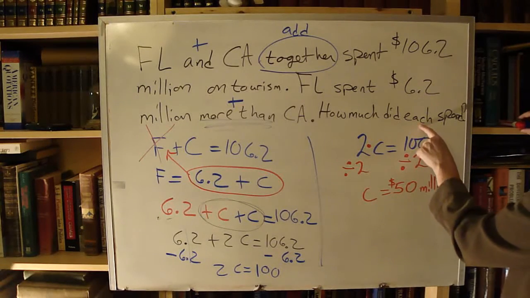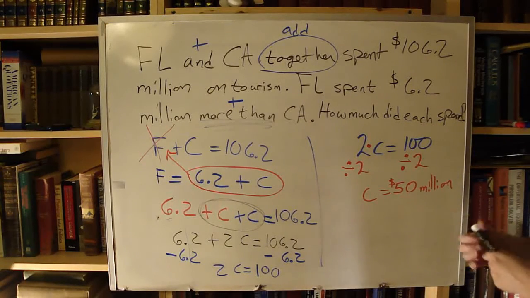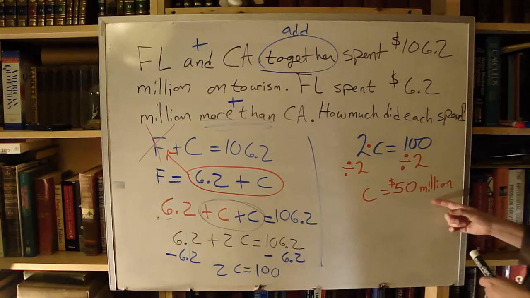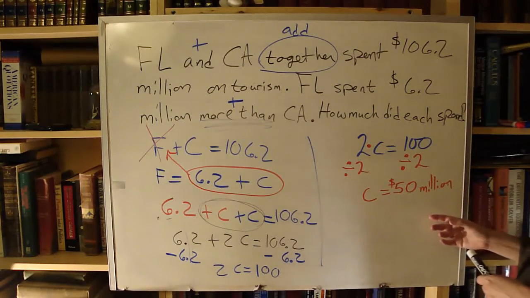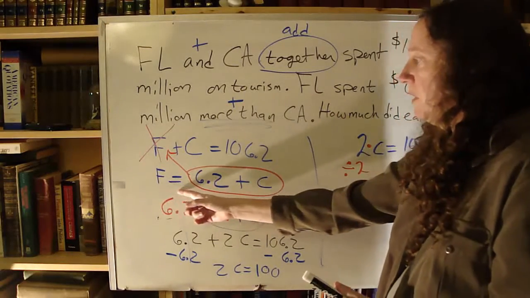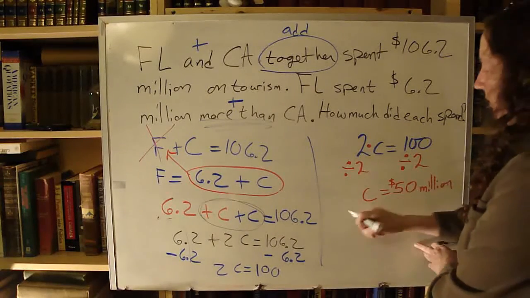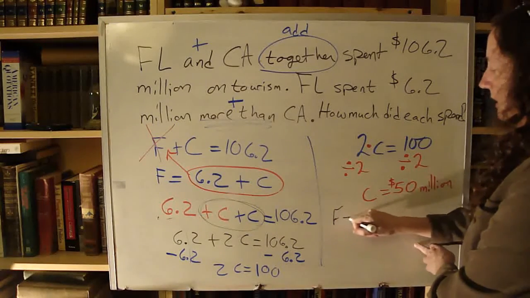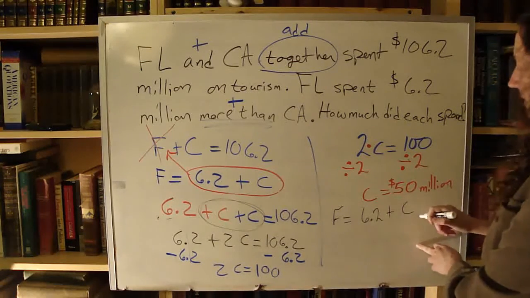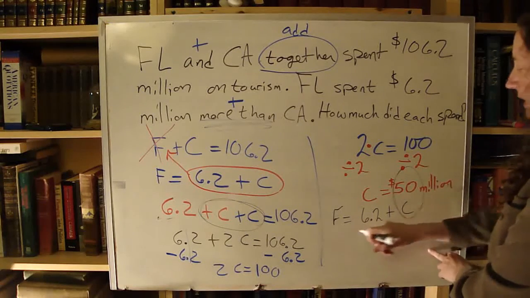I need to know how much each of them spent, so I'm not done yet. I need to take this $50 million that California spent, and I need to use that to find out how much did Florida spend. We found out that Florida is 6.2 plus C. So Florida is 6.2 plus C. And I know that the C is that 50 right there.